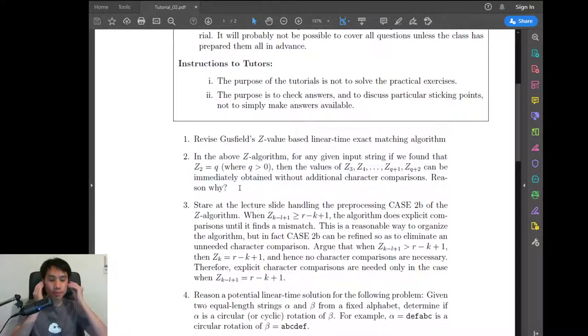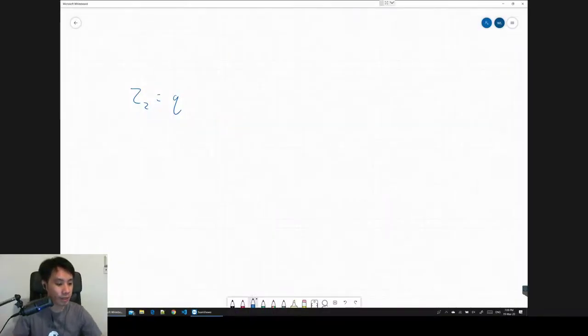Okay, so it's more of a question regarding your understanding. When Z2 equals Q, then you will know the value of Z2, Z4, all the way up to Z2, right? Let me try to explain it.